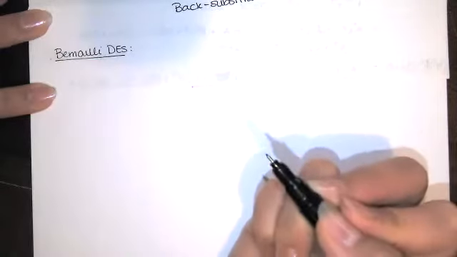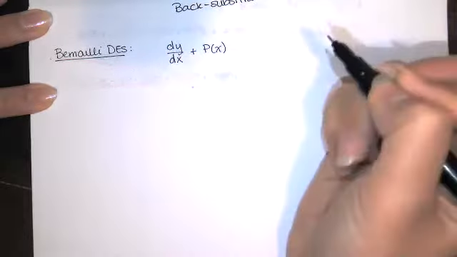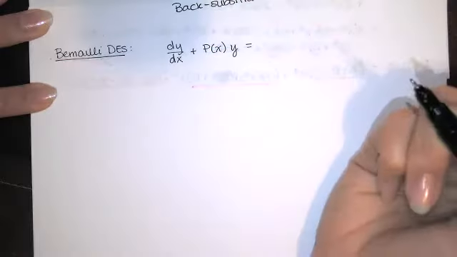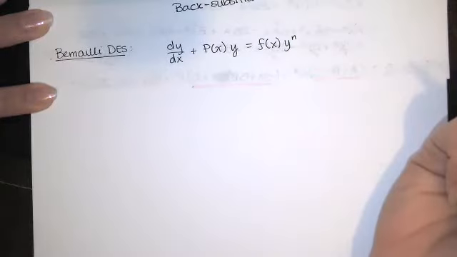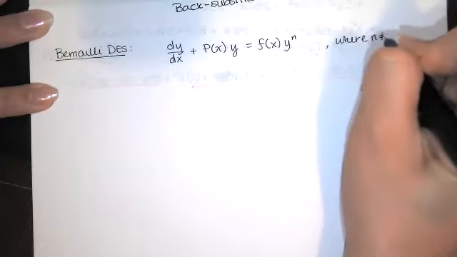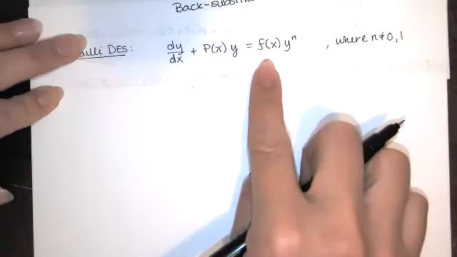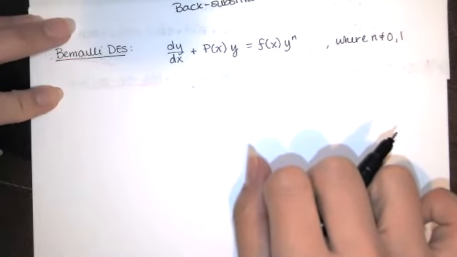A differential equation is called a Bernoulli differential equation if it can be written in this form: the derivative plus a function of your independent variable times your dependent variable equals a function of the independent variable times y to the n, that's the dependent variable to the nth power, where n is not 0 or 1. If you can do this, then this differential equation is called a Bernoulli differential equation.